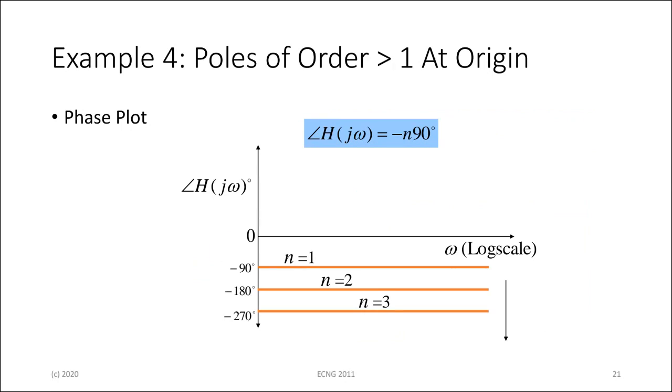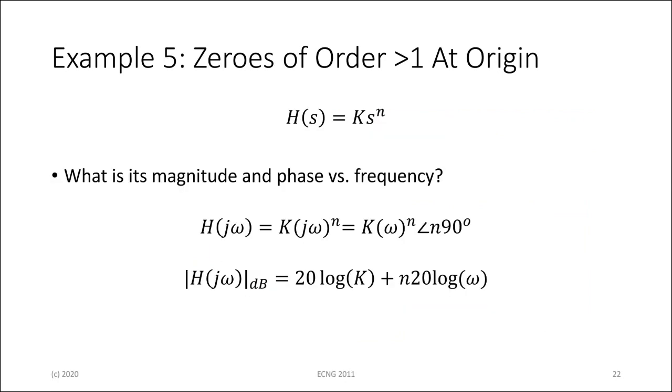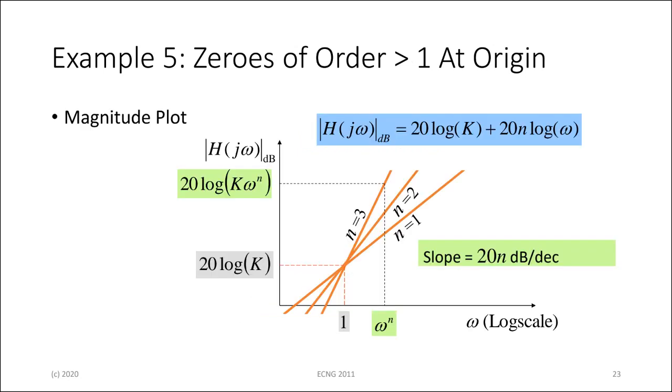Yeah? And the zeros, of course, so we can move through this one fairly quickly. The zeros are, of course, a mirror image. So the zeros, and it's easy reading, they all pass through the same point here, and they increase at multiples of 20 dB per decade, as you go along.